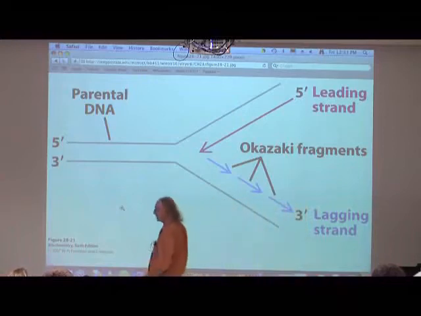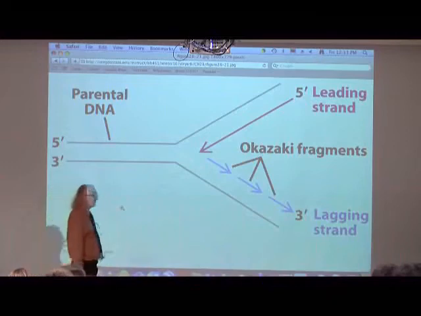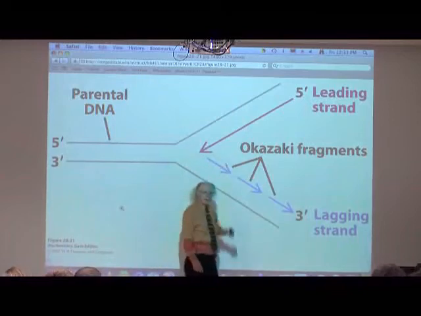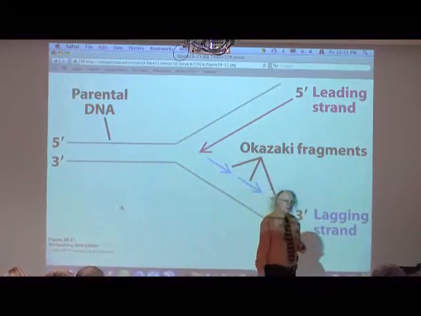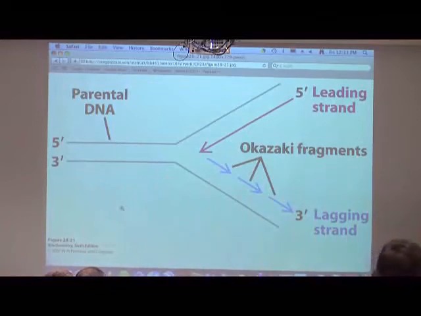Another one is the fact that, well, DNA helicase can pull these strands apart, but there's usually a little bit of a gap between the place where it pulls the strands apart and the place where the DNA replication is going on. At this point, the DNA molecule is in a very tenuous state. It's susceptible to damage.